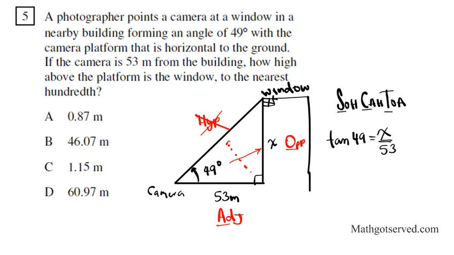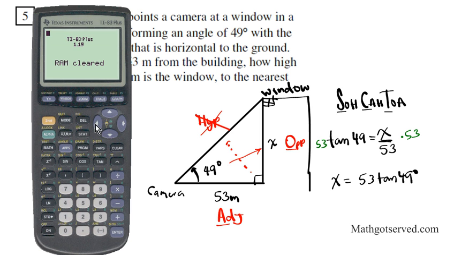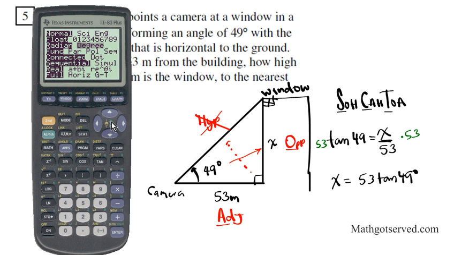To solve this algebraic equation, we just multiply both sides by 53, and then we have x equals 53 tan 49 degrees. So just plug that into our calculator. Make sure that your mode is in degrees first before you start computing this expression.